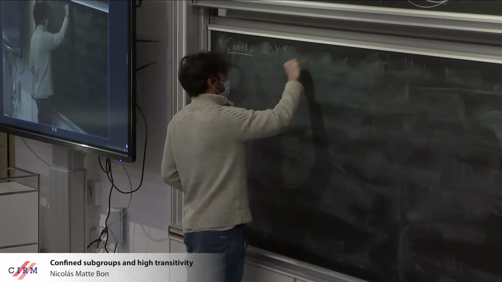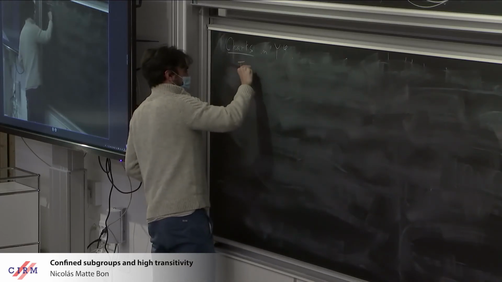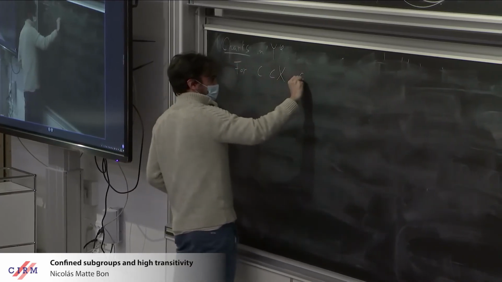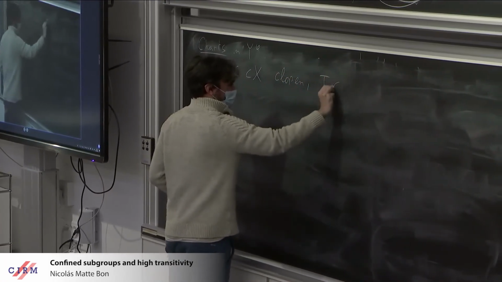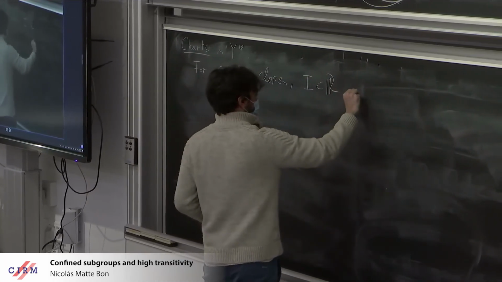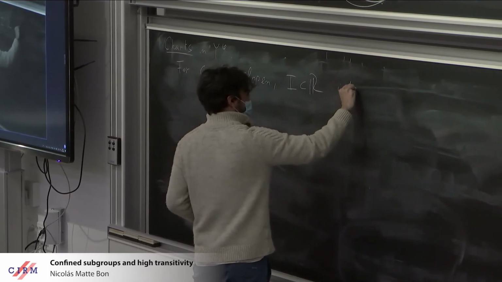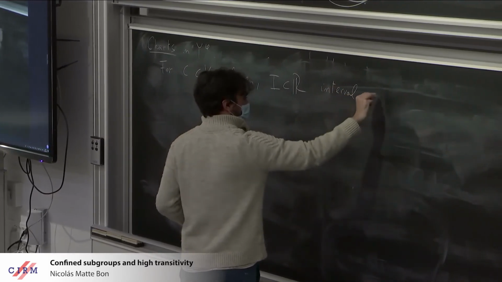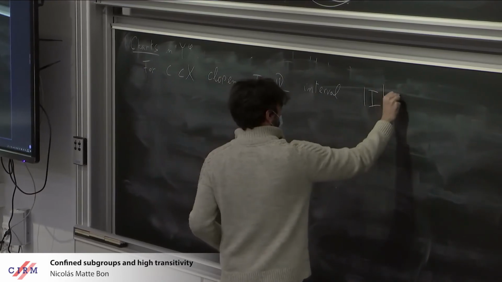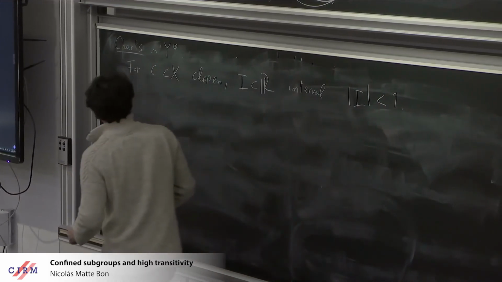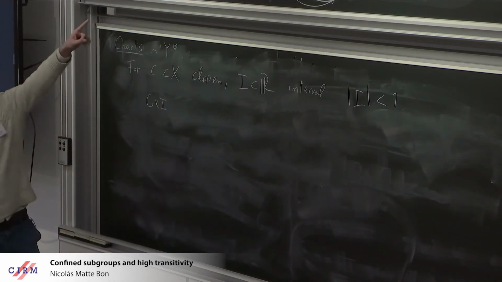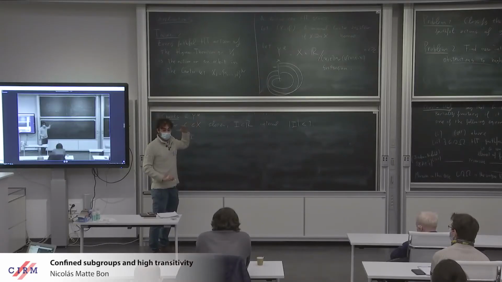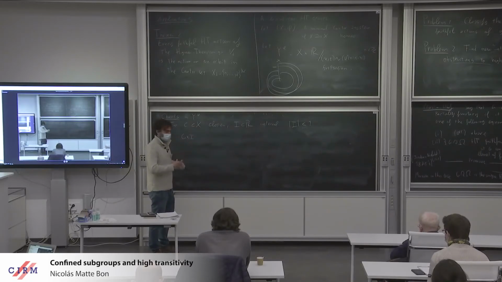For C, a clopen set in the Cantor space, and I, an interval of length smaller than 1. When you look at the product of C times I, it's a subset of the thing that you're quotienting. It injects in the quotient because there is no equivalence relation there.